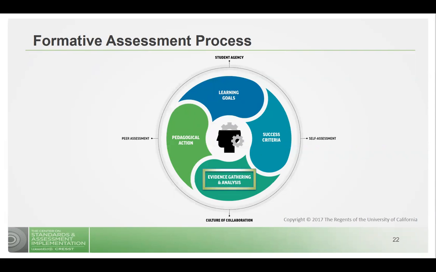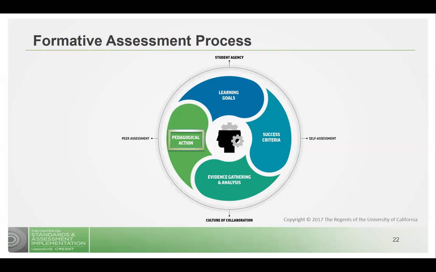Third, plan to gather and analyze evidence about student progress toward learning goals. Every success criterion should have one opportunity for students to provide evidence of how they are doing in relation to that criterion. Teachers analyze that evidence both in the moment and immediately after the lesson. And fourth, plan to take pedagogical action in response to evidence of student progress.